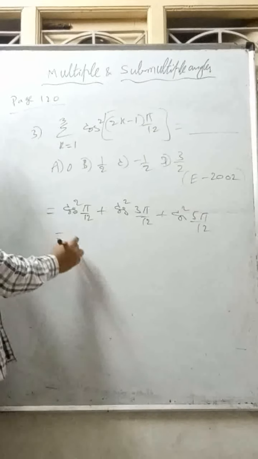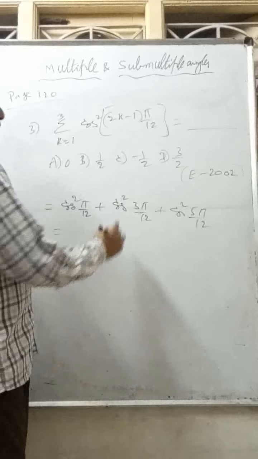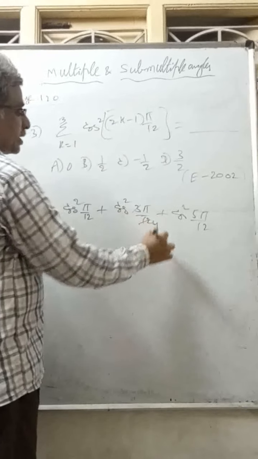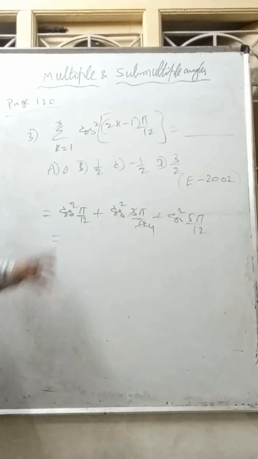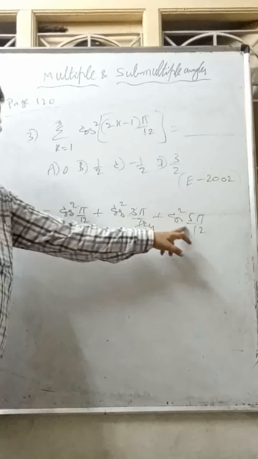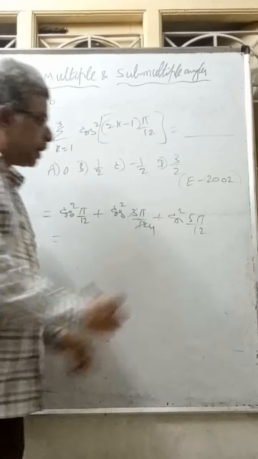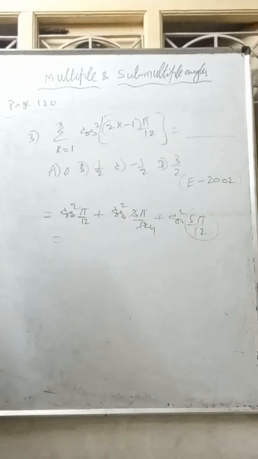Cos square pi by 12 plus cos square 3 pi by 12 plus cos square 5 pi by 12. First of all, I can cancel this for 4 times. And adding these two, I will get pi by 2. Pi by 12 plus 5 pi by 12, 6 pi by 12 is pi by 2. Means pi by 12 I can write as pi by 2 minus 5 pi by 12.